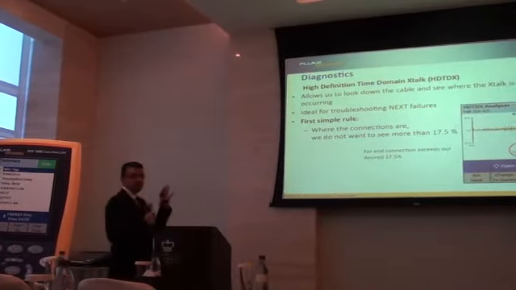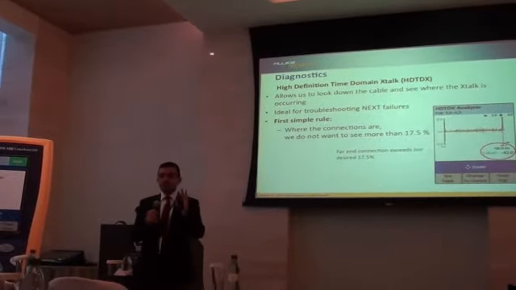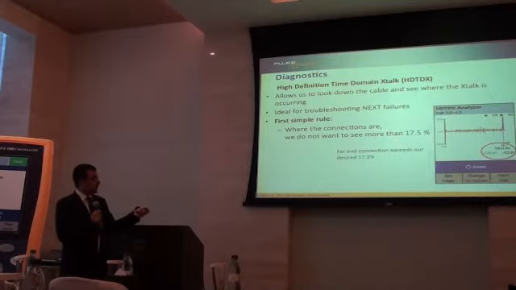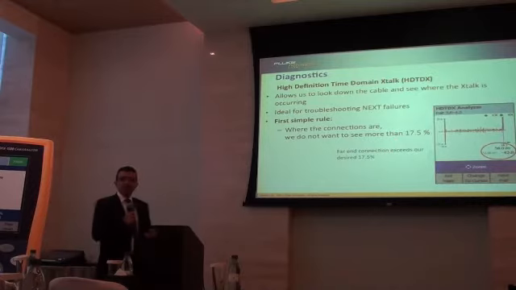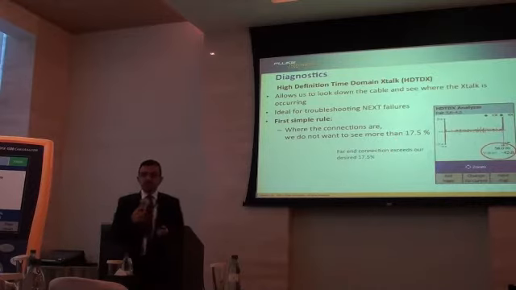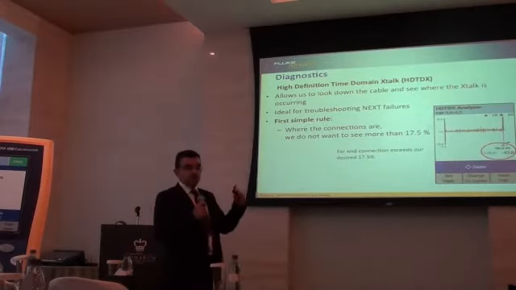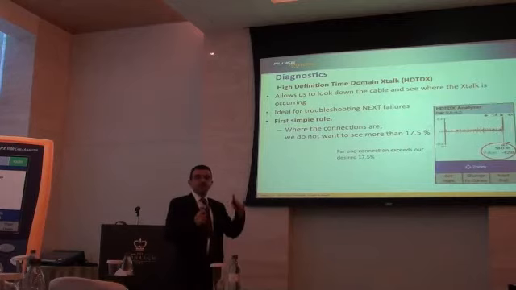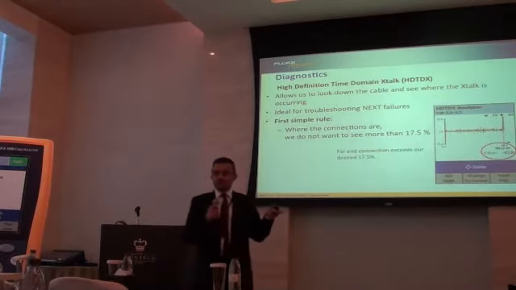The rules of testing say that to make sure that your connector is having proper results, the values should be in the range of 17.5%. So if the variation of the connectors is outside this range, I have a problem at that connector.